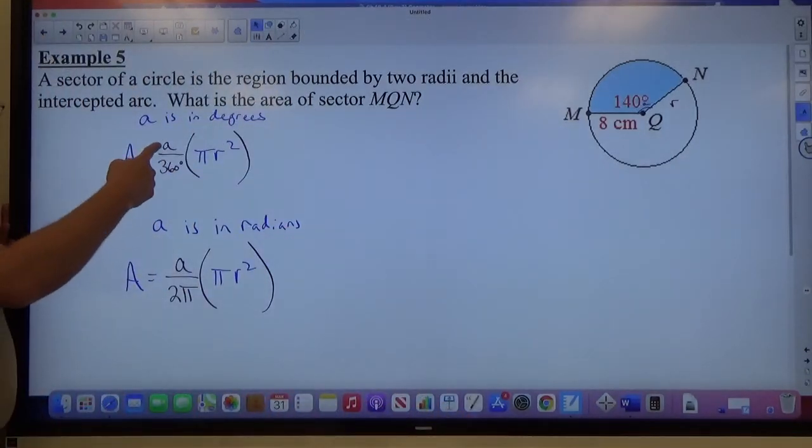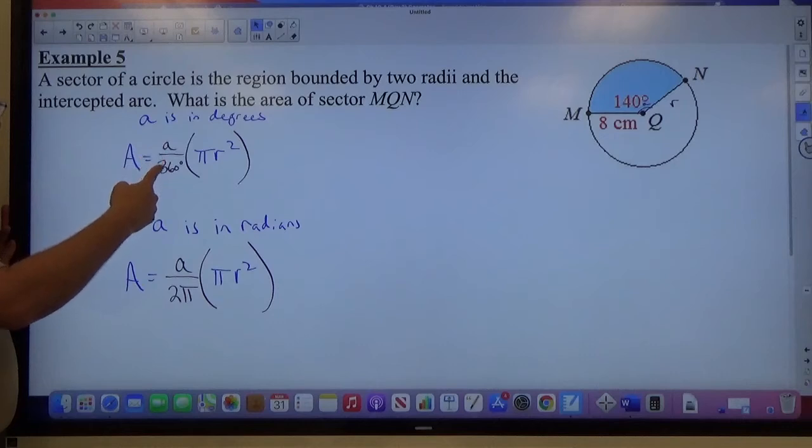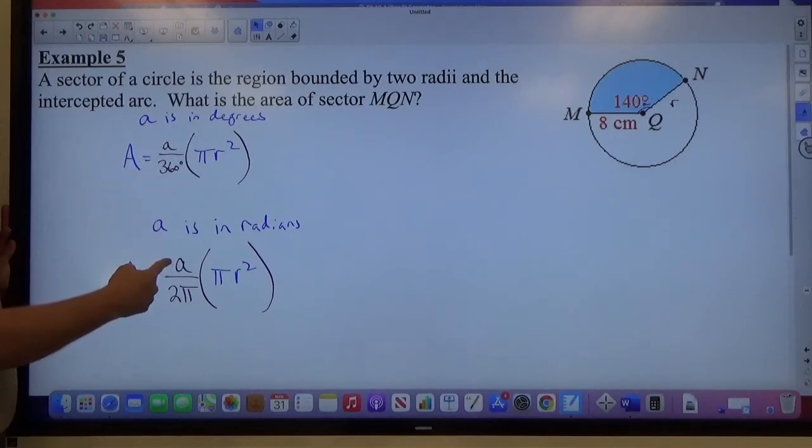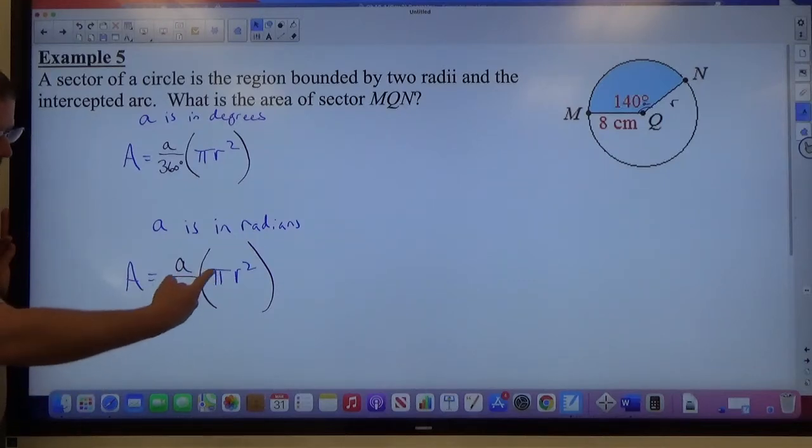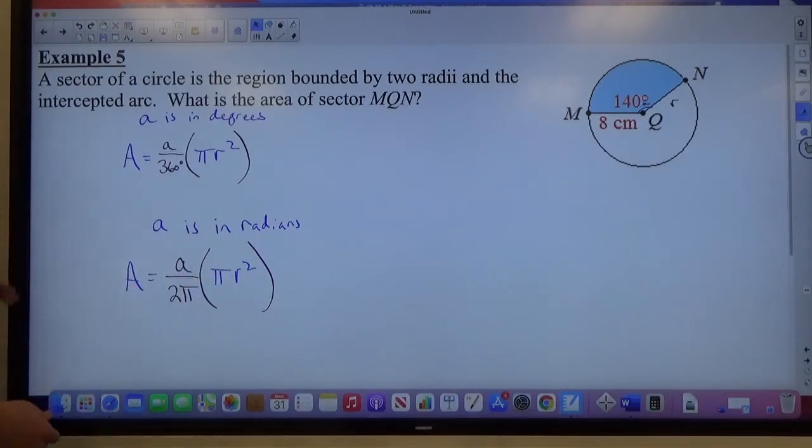So A in degrees divided by 360 degrees, or A in radians divided by 2 pi radians, in both cases multiplied by pi r squared. The radian formula, just like in the arc length radian formula, has some cancellation possibilities if you want to.